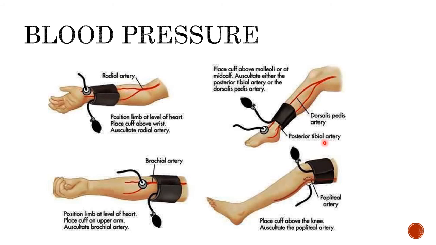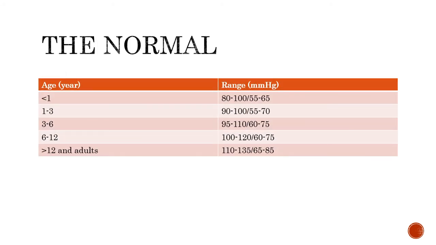Place cuff above malleoli or at mid-calf. Auscultate either the posterior tibial artery or the dorsalis pedis artery. You can also go further up at the popliteal artery. Place cuff above the knee. Auscultate the popliteal artery. The normal.